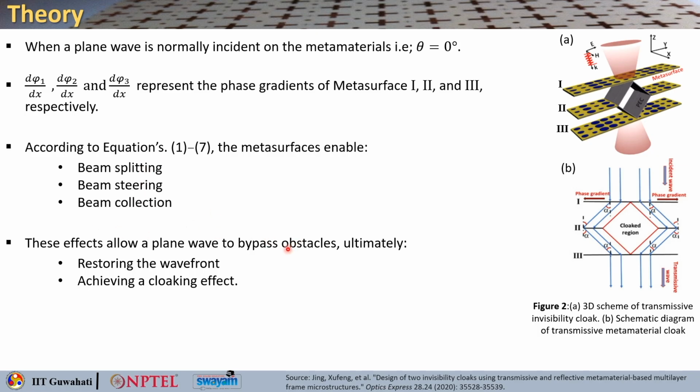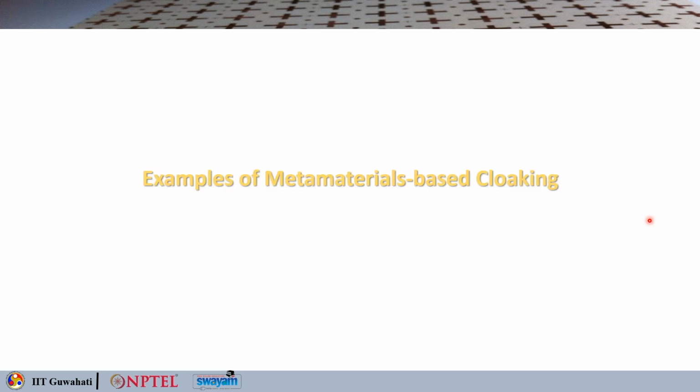So these effects basically allow a plane wave to bypass obstacle, okay, and that finally allows you to restore the wavefront, and this is effectively giving you a cloaking effect because you are bypassing one particular region in the path. So with this concept, now let us go into some practical examples of metamaterial based cloaking.